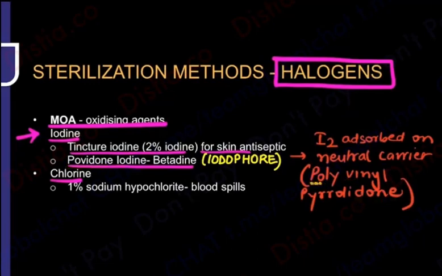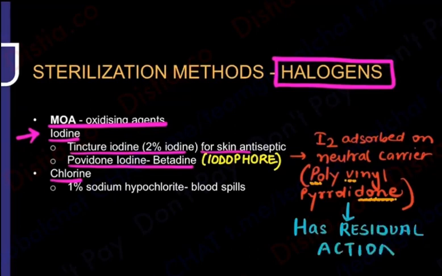So PO for poly, VI for vinyl, and done, pyrrolidone. So povidone is because iodine has been adsorbed on this particular carrier, and this is better because it has residual action. That is why it's considered to be better. That is why we use betadine over regular iodine.